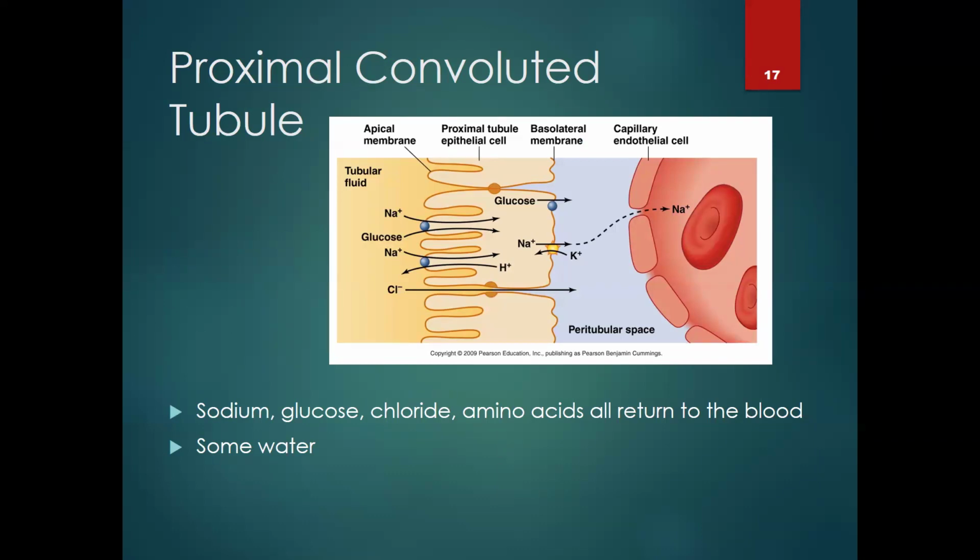Now, the cell probably uses some of this, but most of it is transported out into this space right outside that blood that just released most of its nutrients, which is the afferent capillary bed.